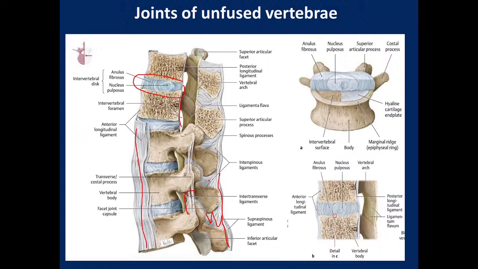There is also a ligament between the transverse processes, but the main structure between the articular processes helps the vertebrae to move in different directions.